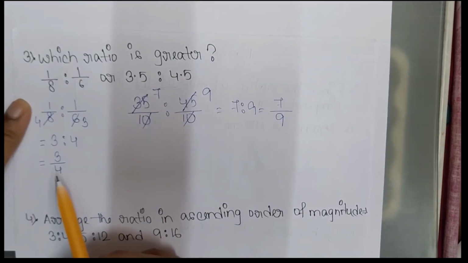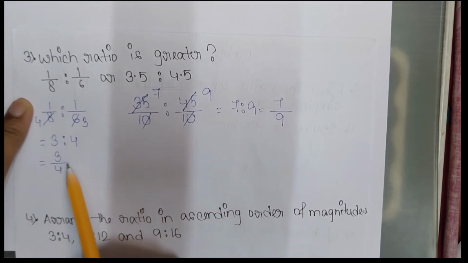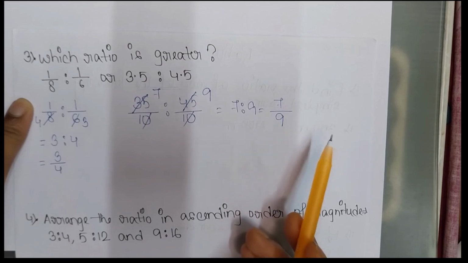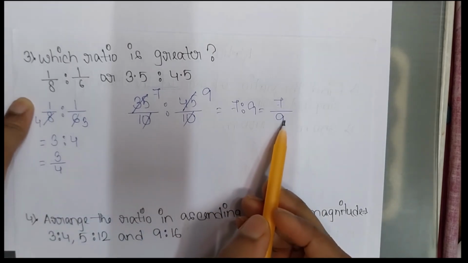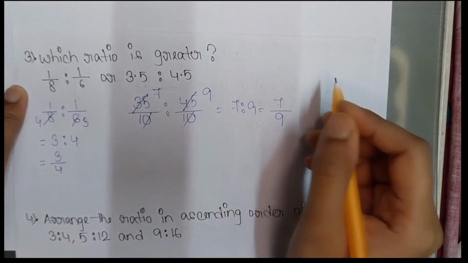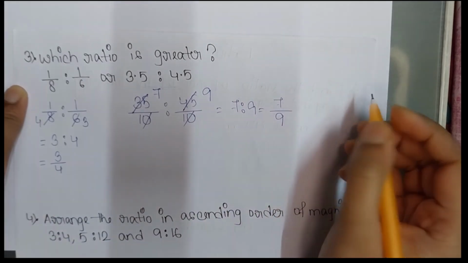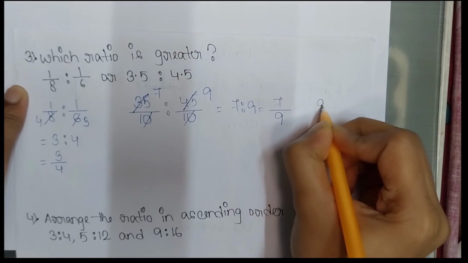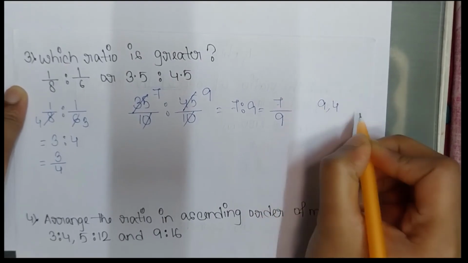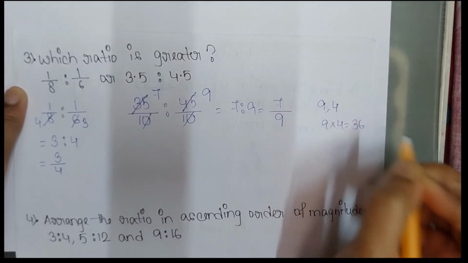So the question was which ratio is greater. To solve the problem we have to make the denominators of both fractions the same. So to make the denominators the same, we have to find the LCM of the denominators of both fractions. So 9 4s are 36.